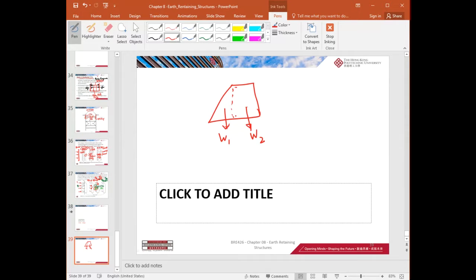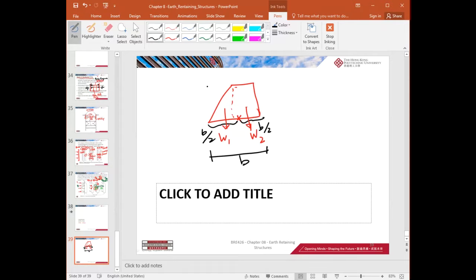Now, if you take the centroid, the center, right? The center. B over 2, B over 2, okay? Because you got the B here, right?